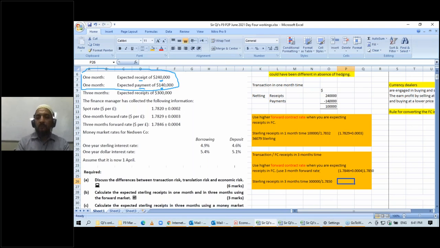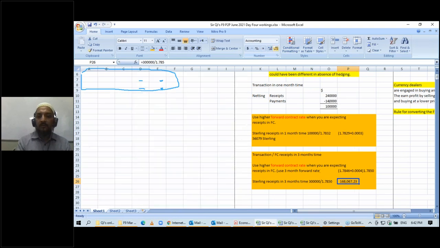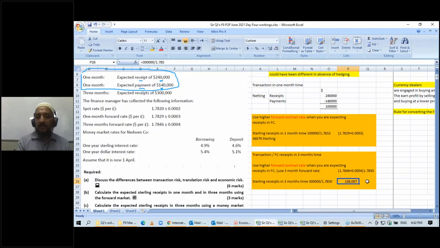Now this gives you the sterling amount, which is in local currency. So you are sure now how much you are going to receive in 3 months' time, which is 168,067 sterling.